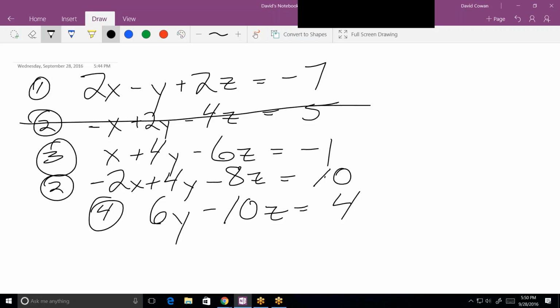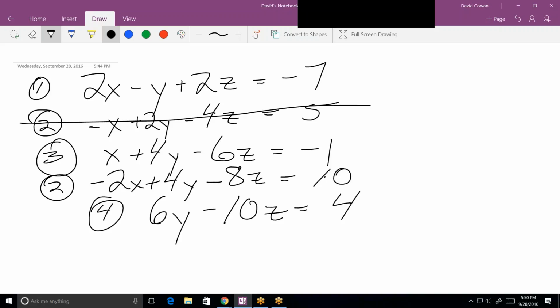Okay? Now, what can I do to eliminate x? Well, I have to add it to equation 1. Right. In other words, my very first step is I added 2 and 3 together. So I can do any other combination I want as long as it's not 2 and 3. Yeah.